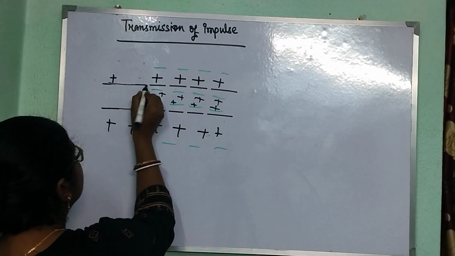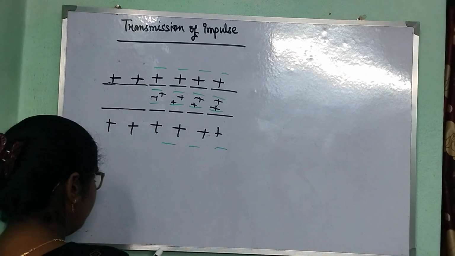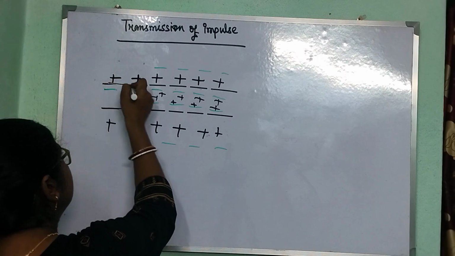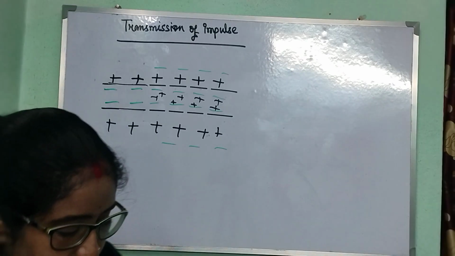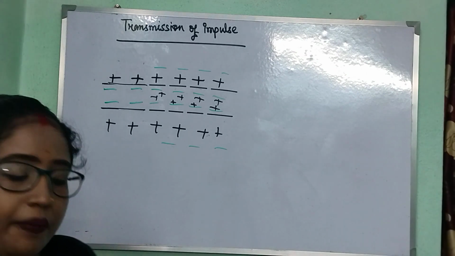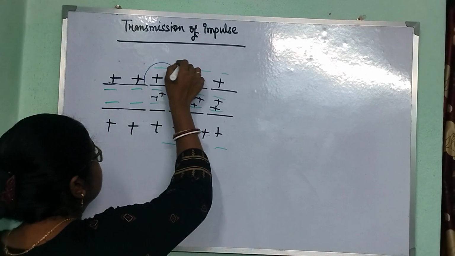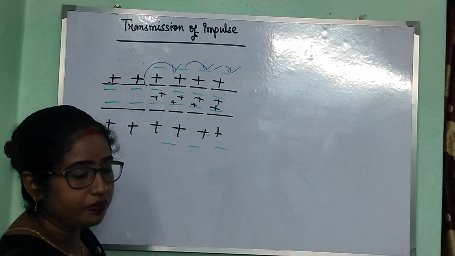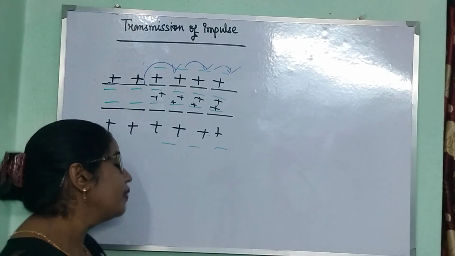So again the outside becomes positively charged, whereas the inside of the cell is negatively charged. When the impulse goes further away, the ion gates become closed, and the posterior portion is again in resting condition.